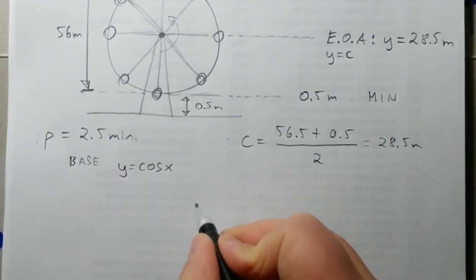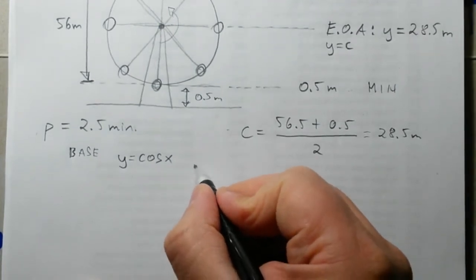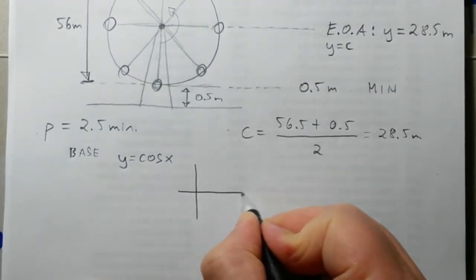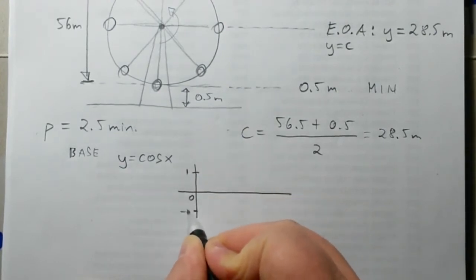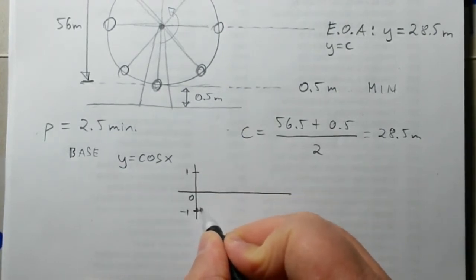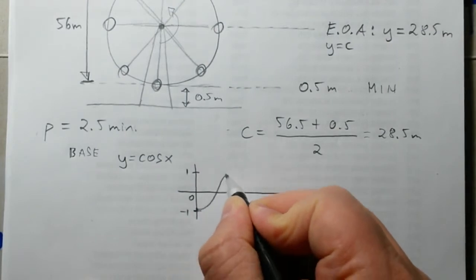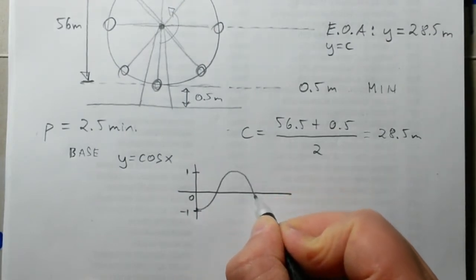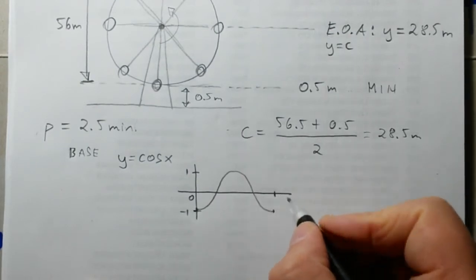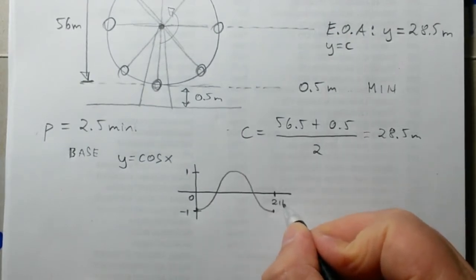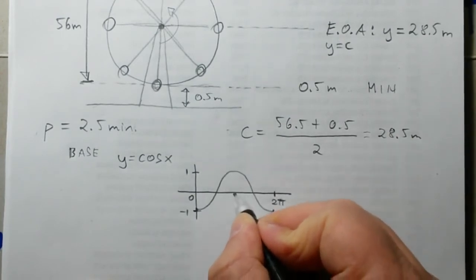And let's sketch it to have it as a reference. I always recommend doing this, and you should know this by now. Start at the bottom, then you go to the top, reach the maximum point, then you go down, and then just label it. Since we're using radians, it takes 2 pi to complete one cycle.